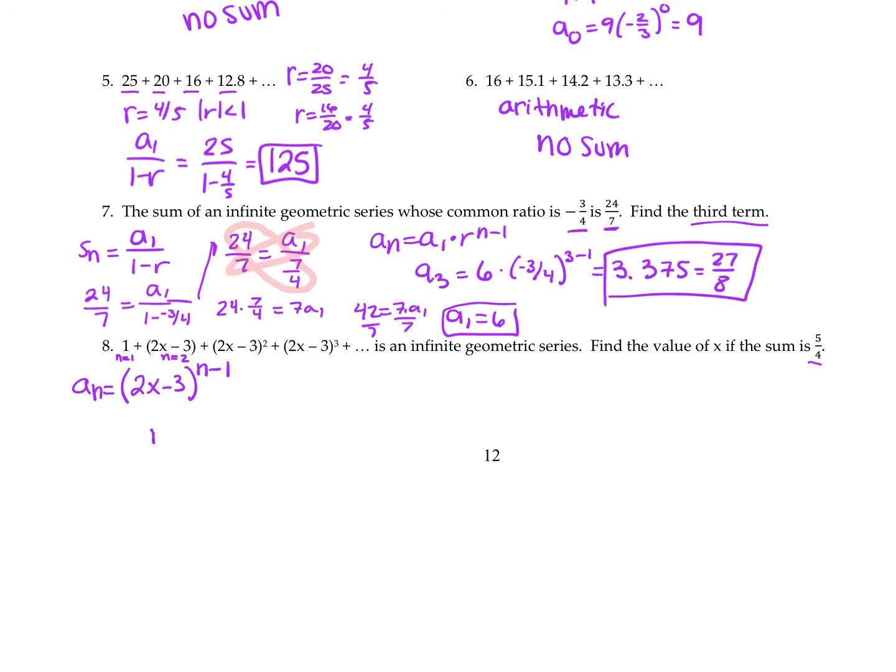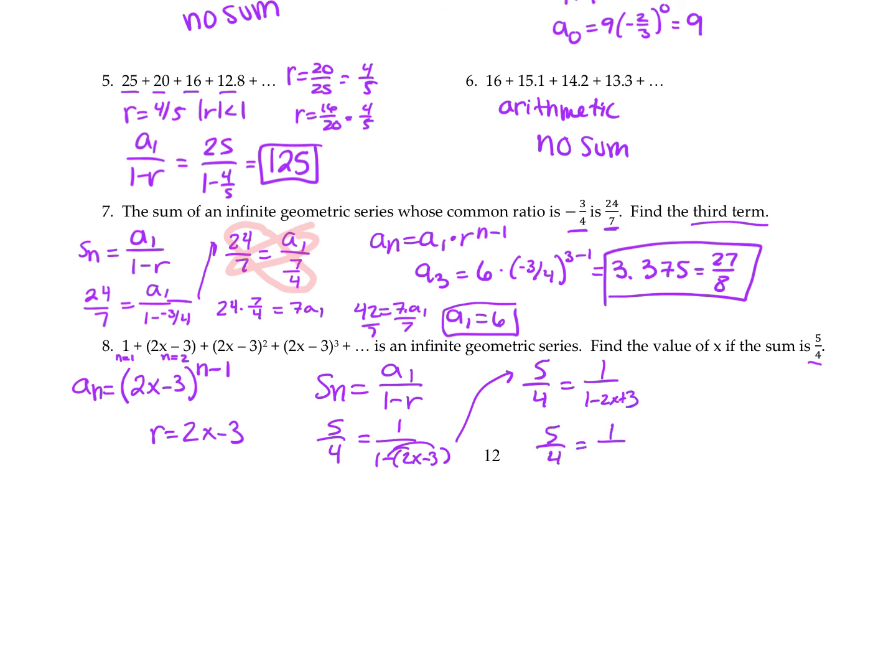So that means I know that my r is 2x minus 3. So now I'm going to use my infinite sum formula. I know that my sum is 4/5. I know that a1 is 1, and I know that my r is 2x minus 3. So if I go to solve this, I'm going to have 5/4 equals 1 over, so distribute the negative in, 1 minus 2x plus 3, which would be 1 over negative 2x plus 4.